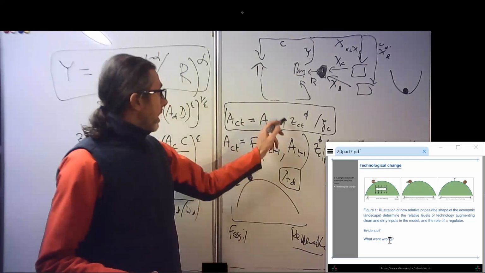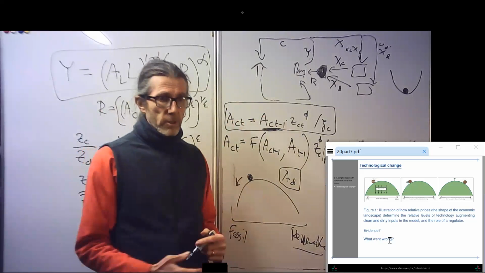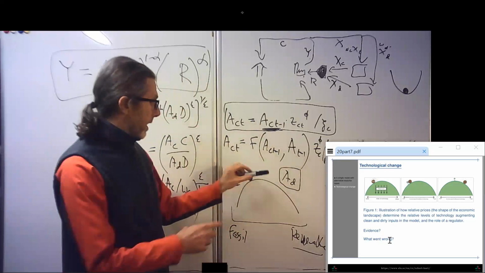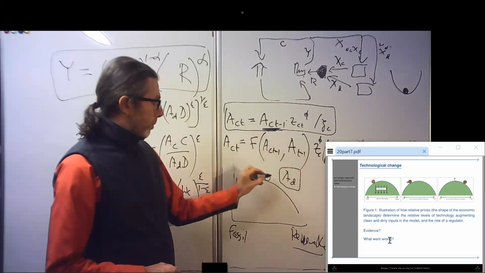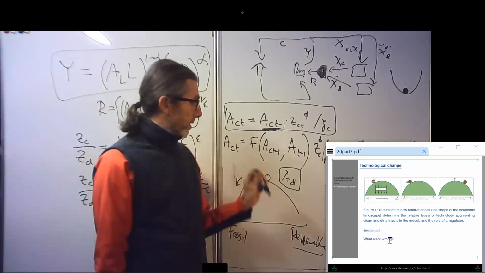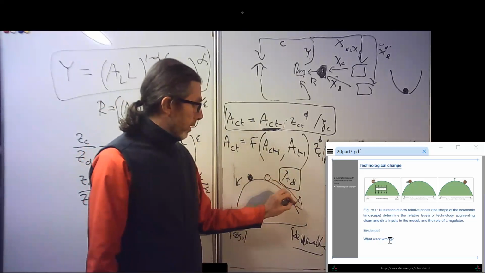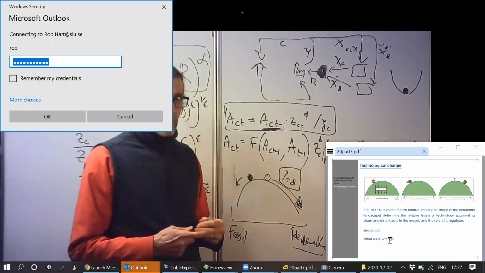The level of clean knowledge will go up massively through this big burst of research, or it'll go up enough to get the ball to the top of the hill or past the top of the hill, at which point we can relax, because everyone will switch to clean technologies. They'll get cheaper and cheaper and cheaper.